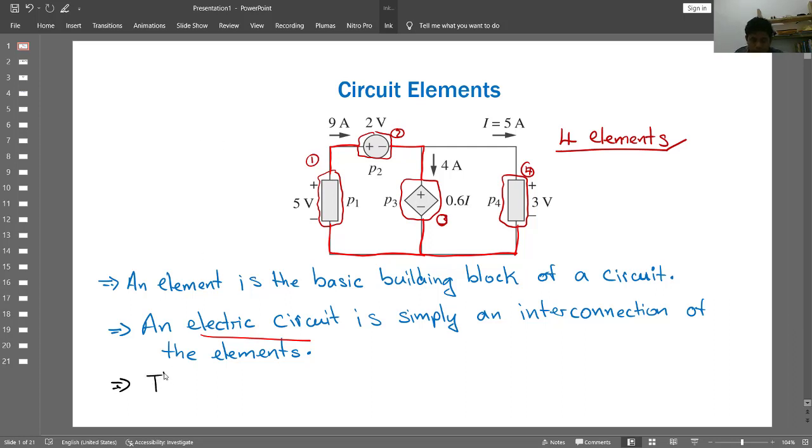There are 2 types of elements found in an electrical circuit.